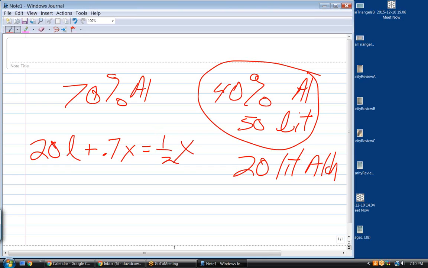If X is the number of liters of that mixture that we add, then we will end up with 50 plus X. We started with a fixed 50.